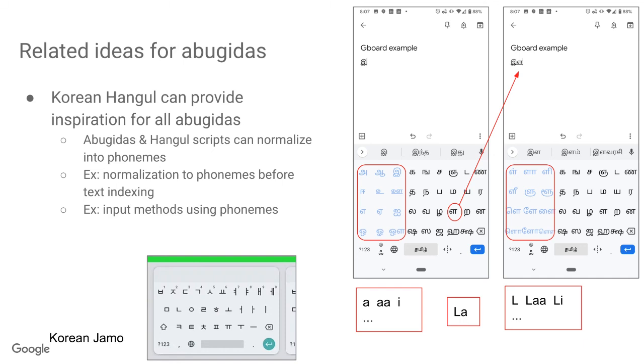When the consonant la is pressed, then all of the vowels turn into consonant vowel combinations. So a turns into la, e turns into li, and so on. But then on the next key press, no matter what it is, those blue keys will change once again, and this causes a flickering.